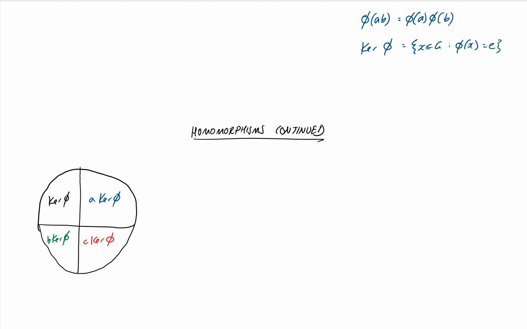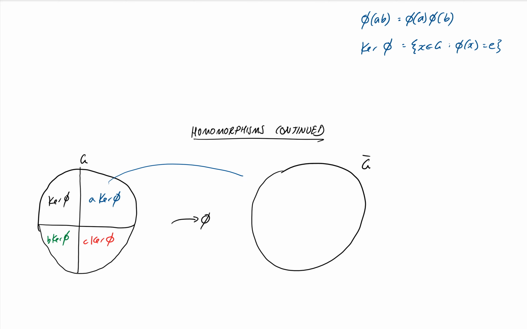Now what we discovered is that when we map, so this is our group G, and we're mapping into another group G bar, which is different, our mapping phi goes across here. When we were looking at element properties, we realized that every element from one coset always maps to a single element in our group G bar.